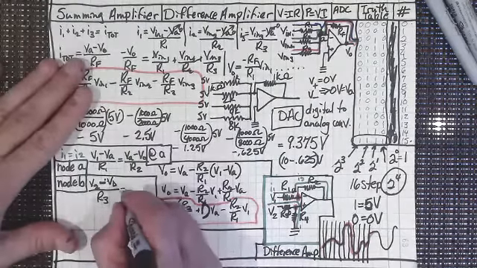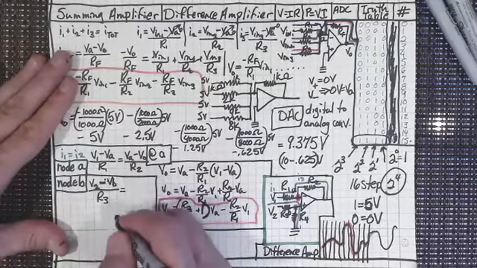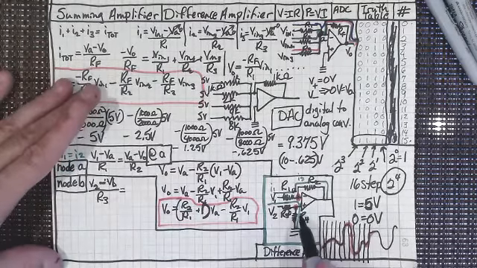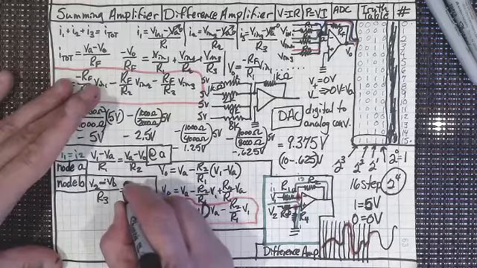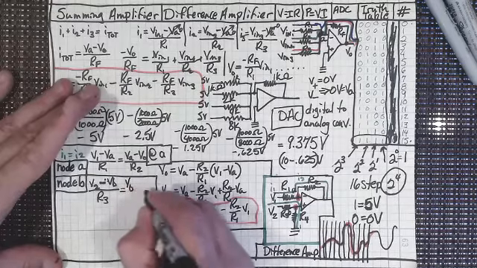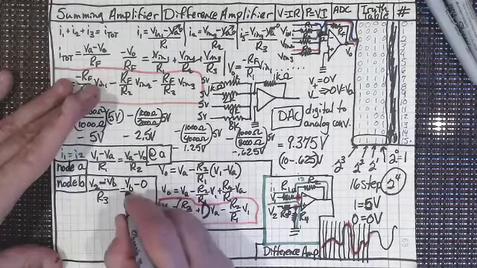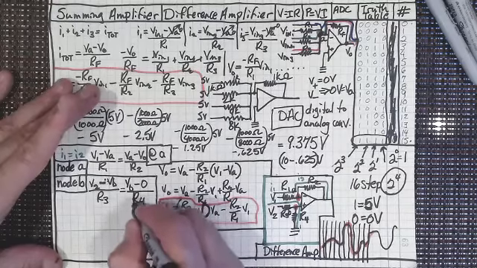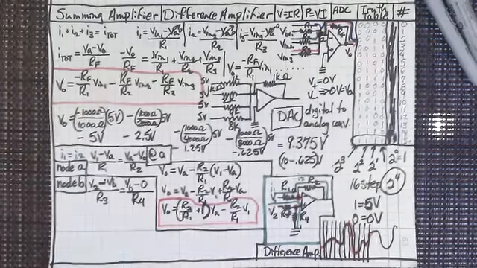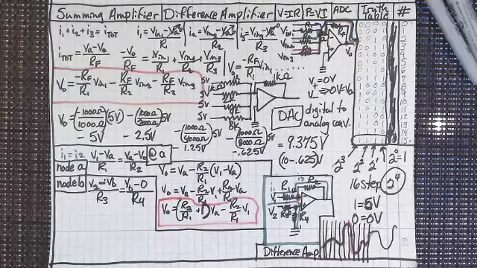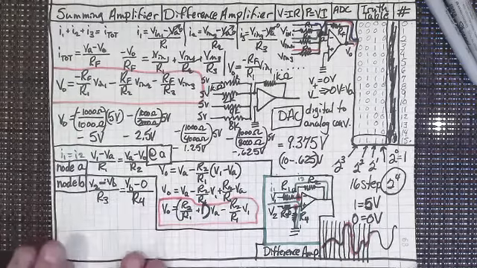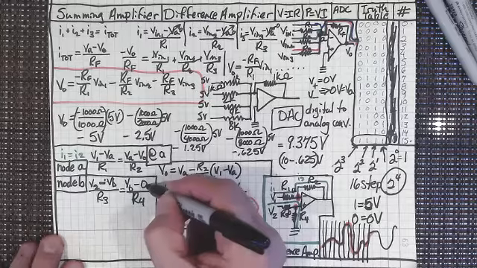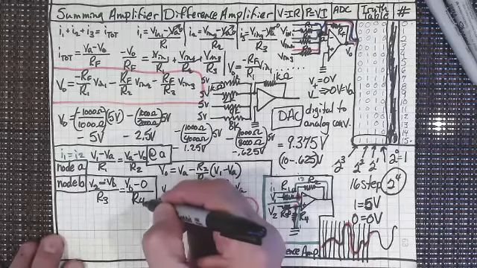And we know that is going to equal V sub B minus 0, that's V sub B, over R4. Now, I think everybody can see the V sub B minus 0 is just going to be V sub B over R4.